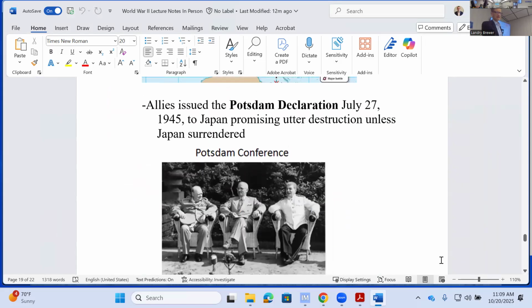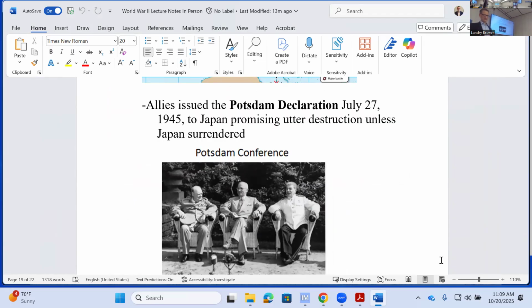All right, Potsdam Declaration. The last wartime conference was the Potsdam Conference. We talked about the Yalta Conference in February 1945, shortly before Germany surrendered. Decisions were made there about the division of Germany and Berlin following Germany's surrender.